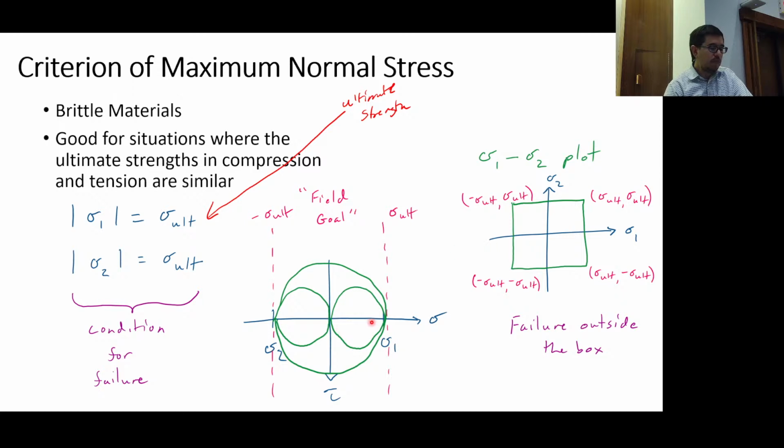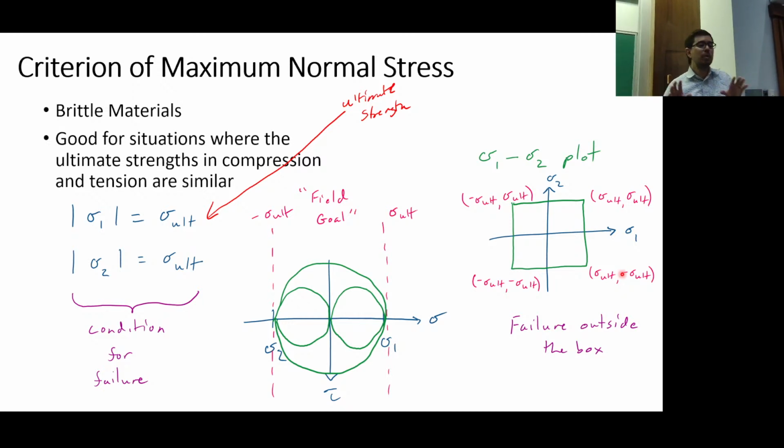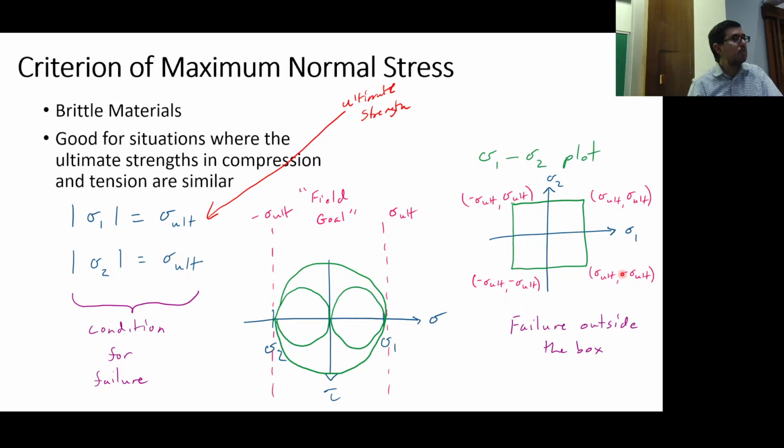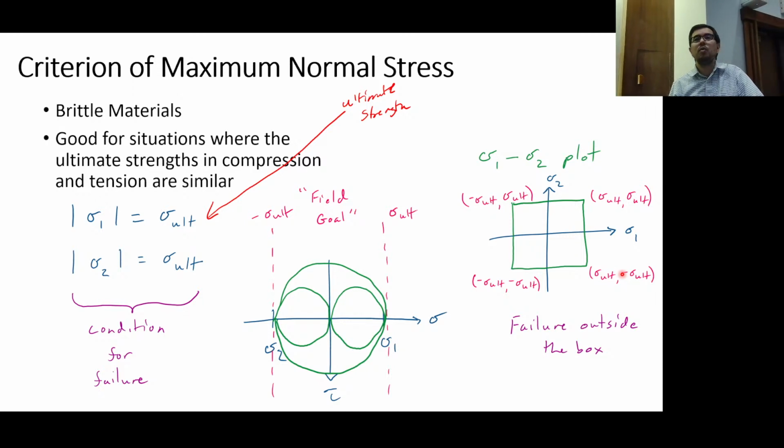That would describe this Mohr circle right here, and that would be on the brink of failure. If I have sigma 1 equal to half of sigma ultimate, I'd have a safety factor of 2, and I'd have a Mohr circle that's drawn in here like this. Any questions on how you go between the sigma 1, sigma 2 plot and the Mohr circle?